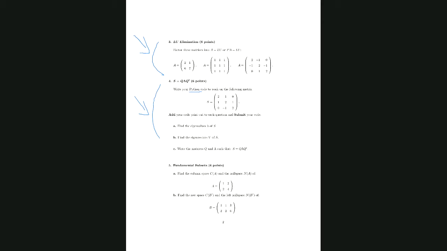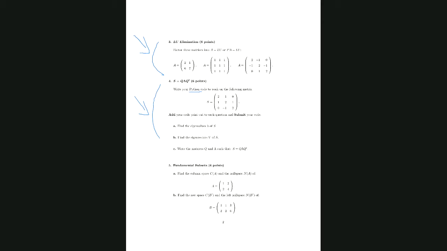If you remember, last week we did this kind of factorization, Q times lambda times Q transpose, in case S is symmetric. To construct the lambda matrix, the one in the middle, we use the eigenvalues of S, and to construct the Q matrix, we use the eigenvectors of S. And you have the code to do that.